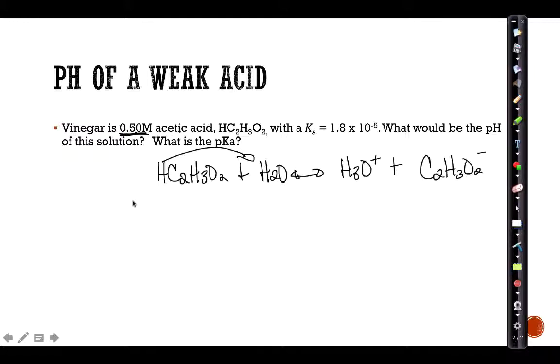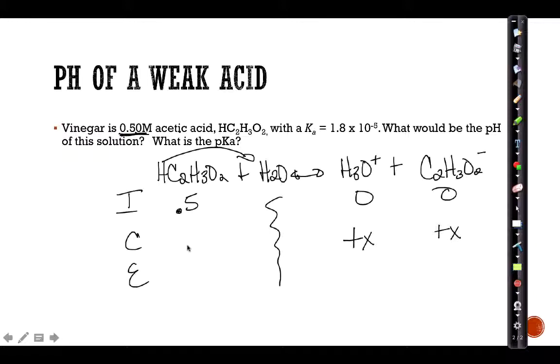All right, so what's the pH of the solution? So let's do the ice table. Water doesn't get included, it's a liquid. My initial concentration of acetic acid is 0.5. Hydronium should be 0. That should be 0. Since there are 0 products, we are adding products and subtracting reactants. So at equilibrium, this should be 0.5 minus x. This should be x. This should be x.